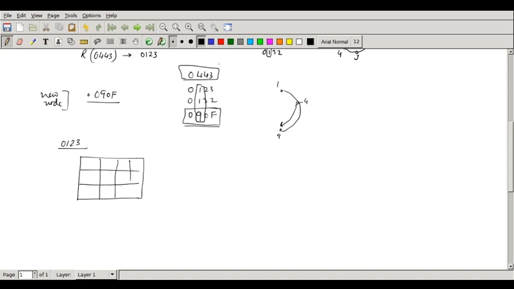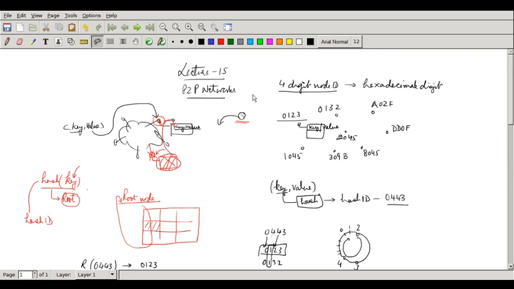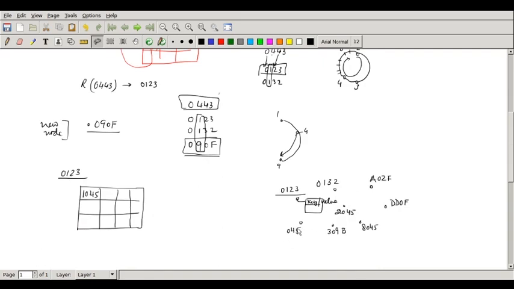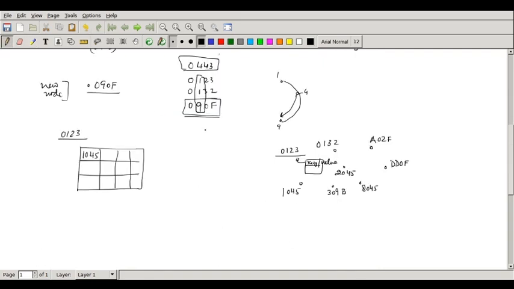For 0123, you have to look at all the nodes and see which node I can put here. After 0, the closest is 1, so we have an entry with 1, and I can write 1045, which is available here. I can take this whole thing down for simplicity. I should write 1 here. So 1045 will come here, which is the next entry.